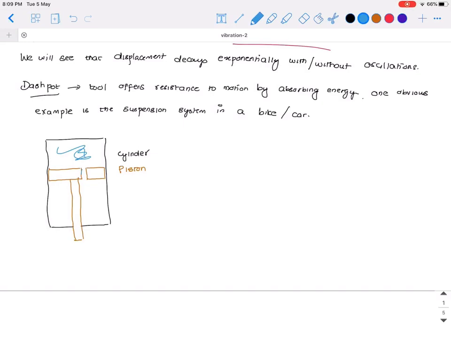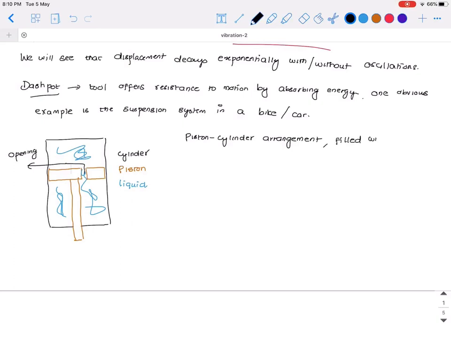Okay, the cylinder is filled with liquid, and you see that there is an opening here, a small opening in the piston. So a dashpot is nothing but a piston-cylinder arrangement in which the cylinder is filled with liquid, and the piston has a hole through which the liquid moves as the piston executes displacement.